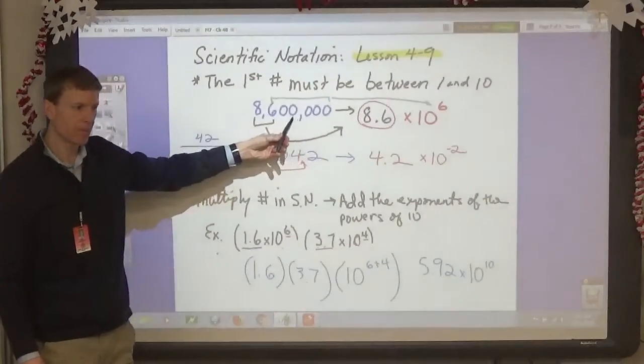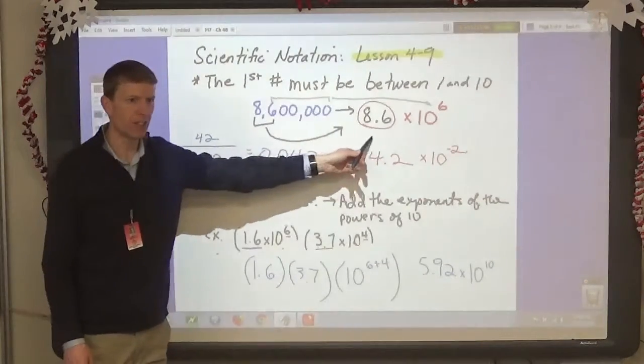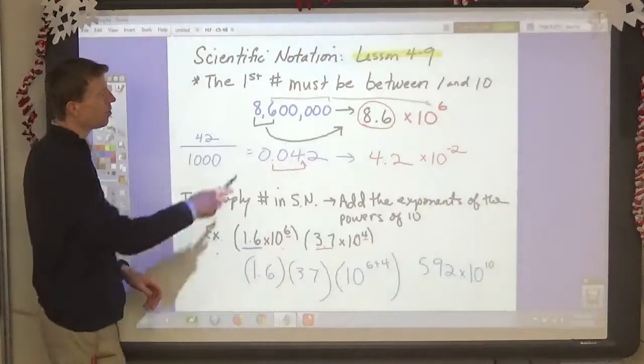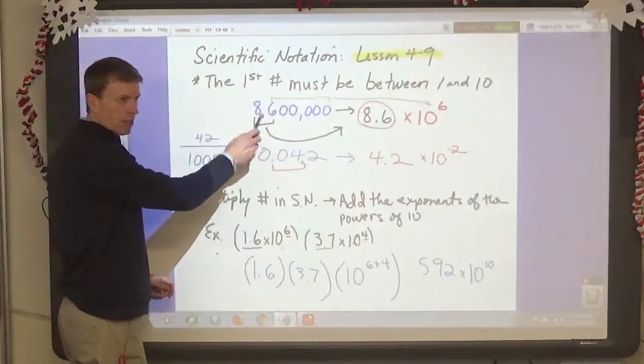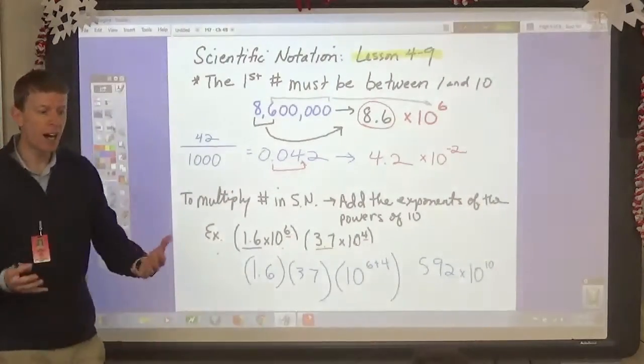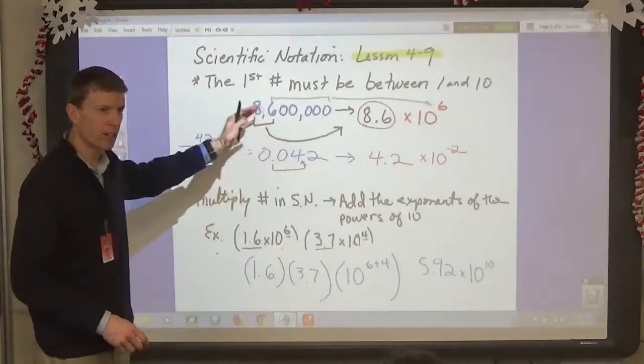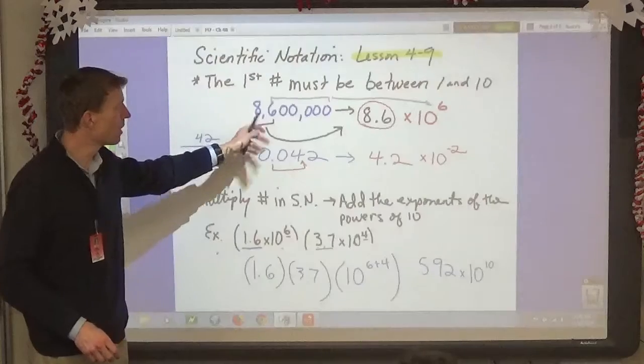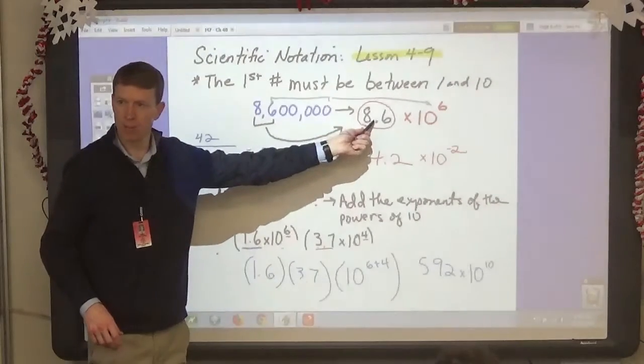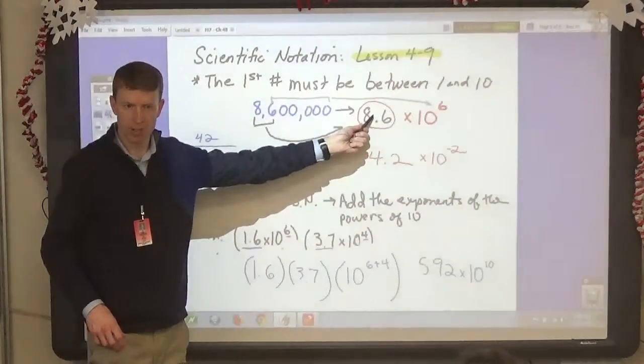8,600,000 can be converted to scientific notation if you take the first set of digits, the first non-zero digits, all the way up to where the zeros start, and write that number with a decimal point after the first number. Okay?